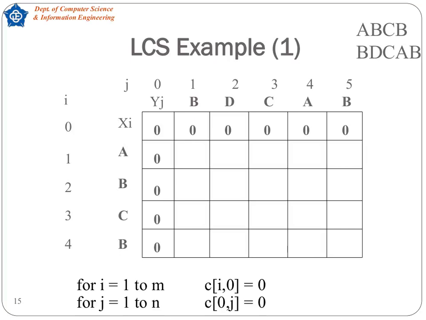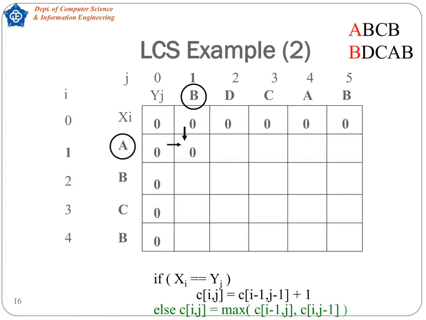If you look at the code snippet, you'll see that for i equals 1 to m, we set C[i,0] equals 0. And for j equals 1 to n, we set C[0,j] equals 0. With these boundary conditions in place, we're ready to fill each inner cell by checking for character matches and taking the maximum of the neighboring values.